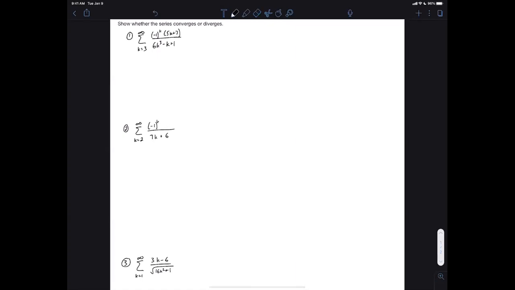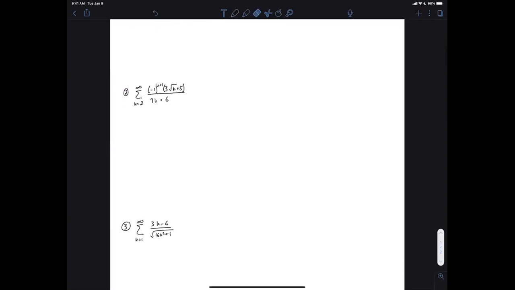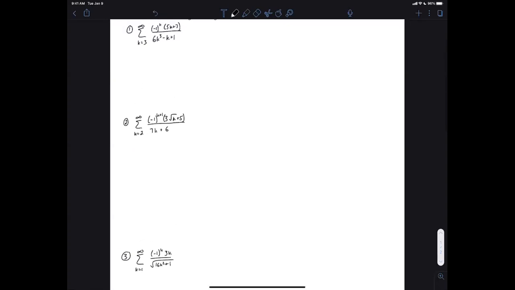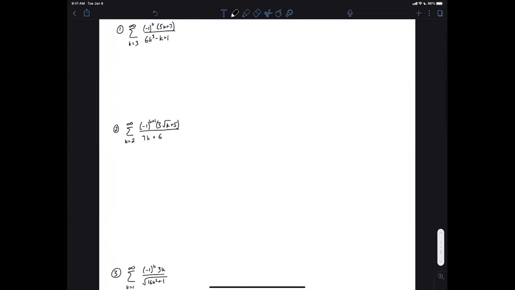And it could be like negative 1 to the k plus 1 times 3 square root of k plus 5. And then this last one, we'll get rid of the minus 6. It doesn't really matter much. So negative 1 to the k times 3k.